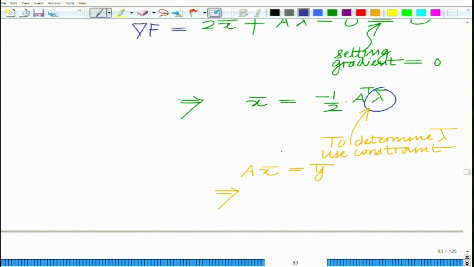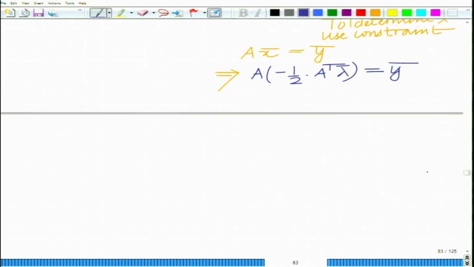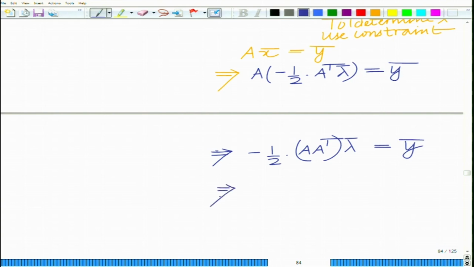Substitute x bar, which implies A times minus half A transpose lambda bar equals y bar, which implies that lambda bar equals minus twice A A transpose inverse into y bar.